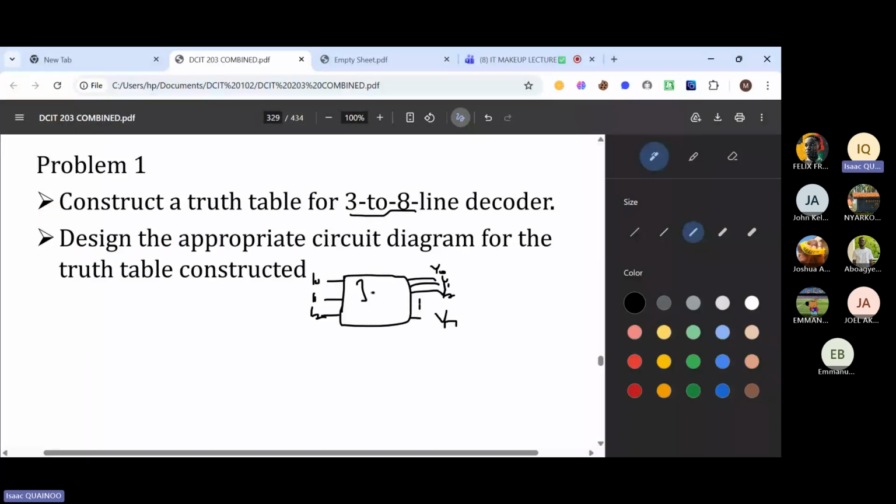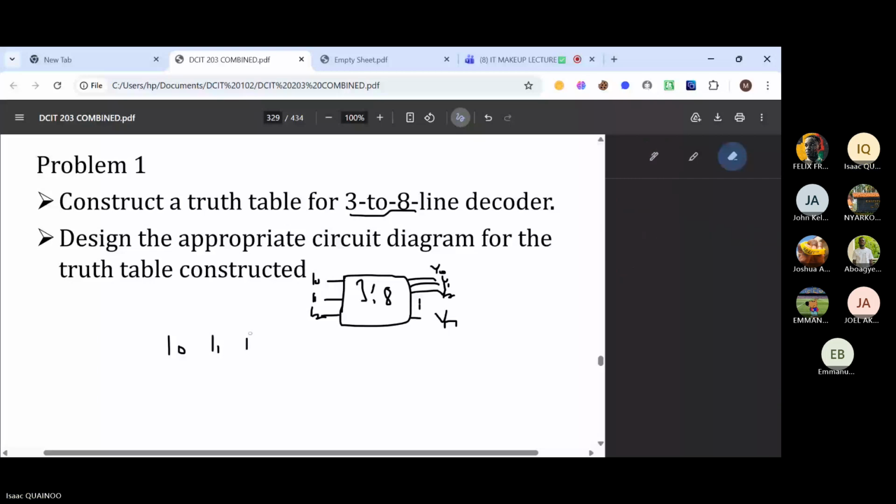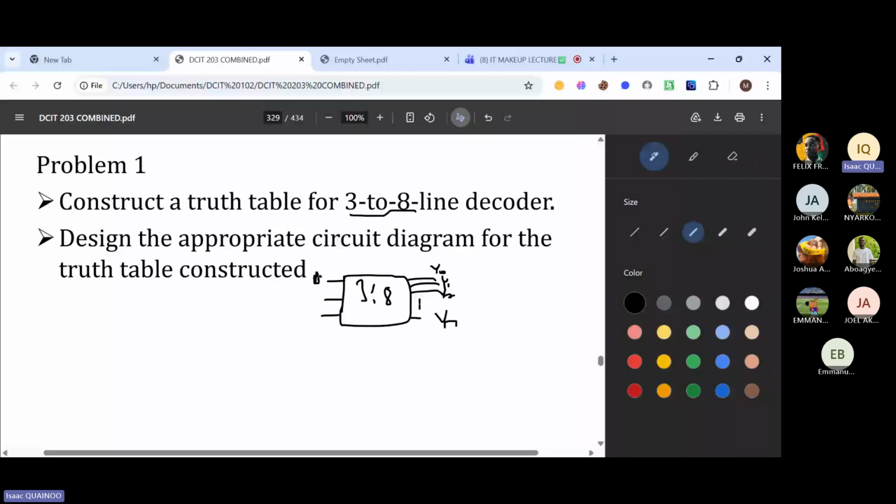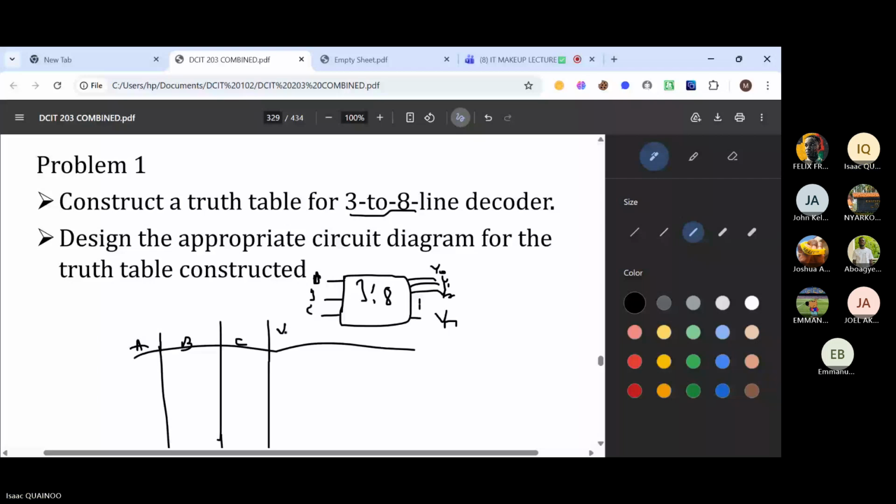So when drawing the truth table, we are going to have 3 inputs, which are I0, I1, I2. Or someone can decide to use ABC. If you decide to use A, B, C to represent your inputs, then in the truth table we are going to have A, B, C, and then the outputs Y0, Y1.